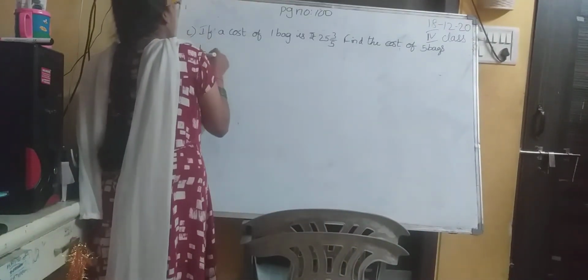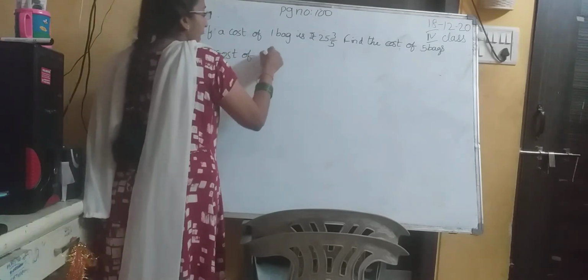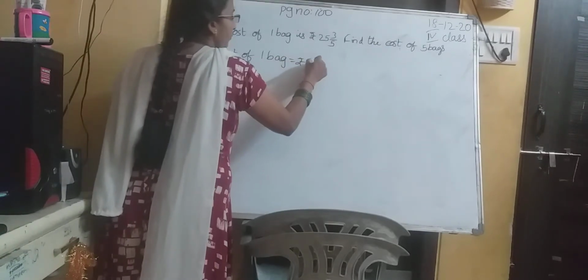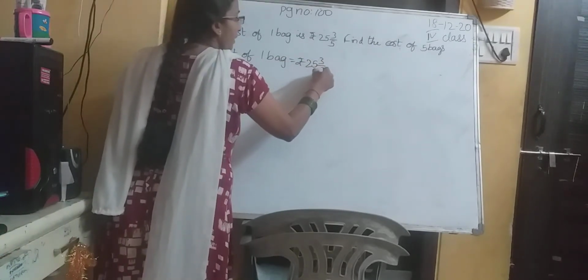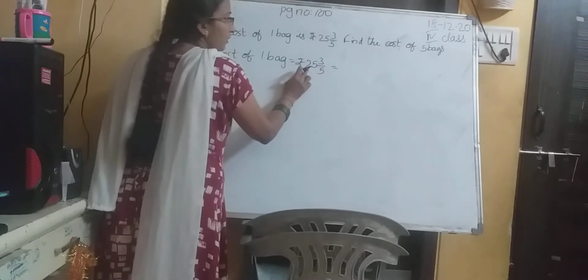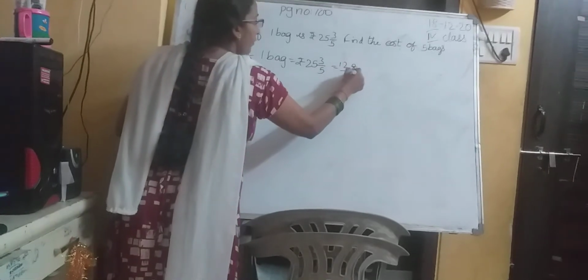So, now write the solution, children. What did they give you? Cost of one bag, how much? Rupees 25 3 by 5. That is nothing but 5 5s are 25, 25 plus 3... 5 fives are 25, 125, 126, 127, 128. 128 by 5.